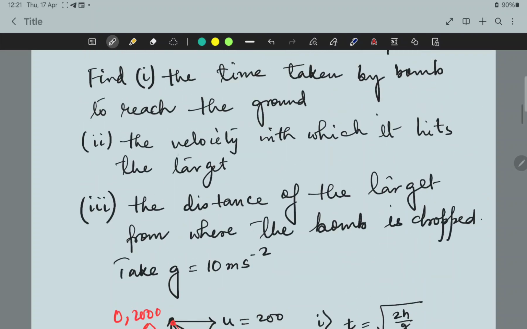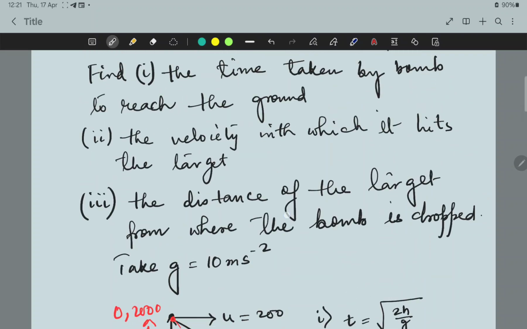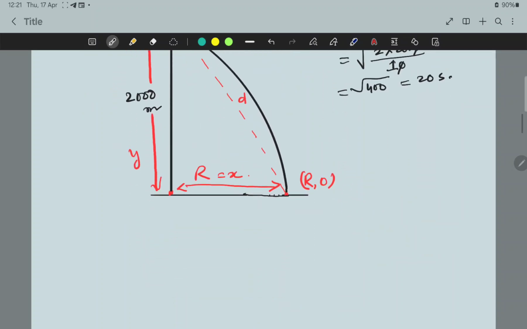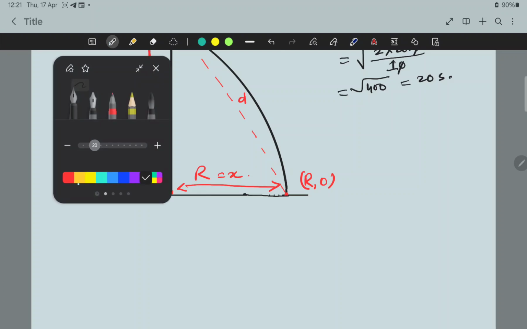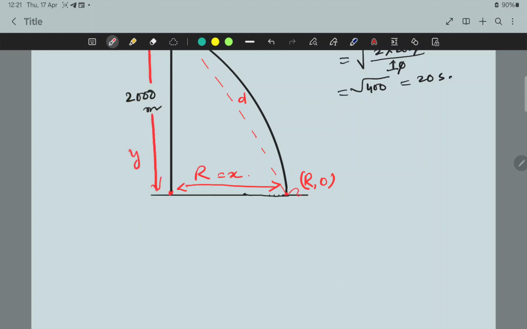Next part is asking about the velocity with which it hits the target. So as the bomb touches the ground, it will travel with some velocity like this, making some angle with the horizontal, and it will have two components, one Vy and the other Vx.